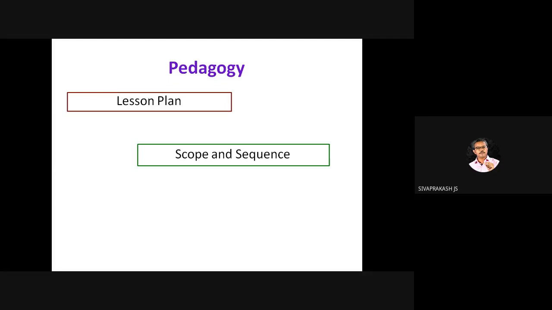Now, lesson plan, anytime. Before going to class, I got an idea and I would like to change. Yes, you can change. No, sir, I completed the class, but later I think this has to be improved. Yeah, it can be improved. Right? This is called a lesson plan. A lesson plan is a particular hour's breakup. It includes teaching methods, teaching style, learner's situation, learner's perspective. It used to have 4 columns.